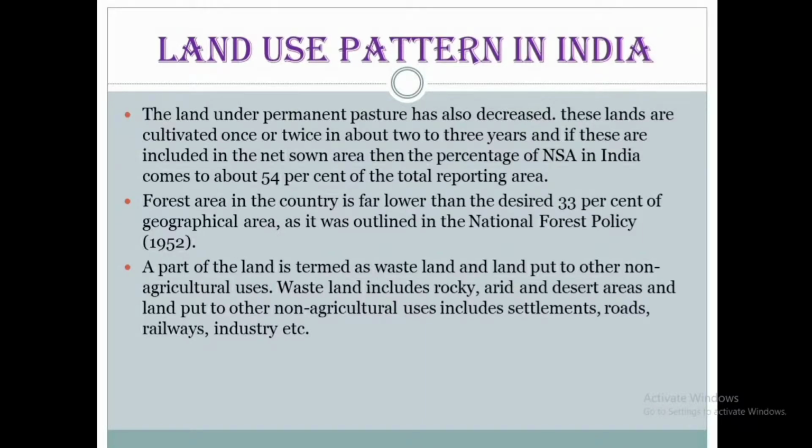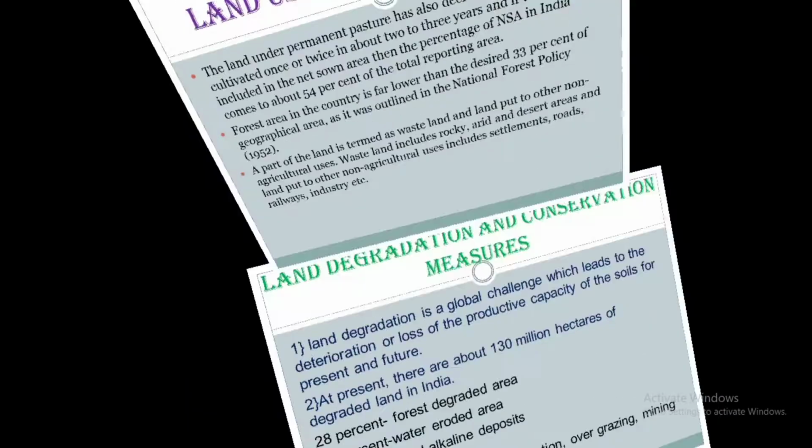A part of the land is also termed as wasteland and is put to other non agricultural uses. Wasteland includes rocky, arid, and desert areas, and land put to other non agricultural uses includes settlements, roads, railways, industries, etc. And it sometimes leads to land degradation.